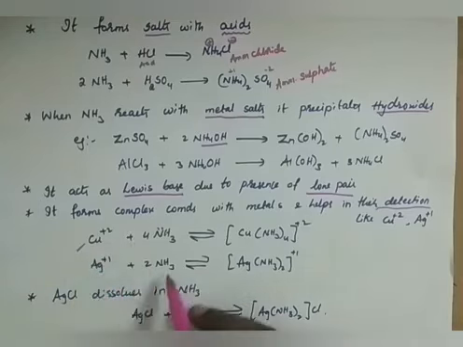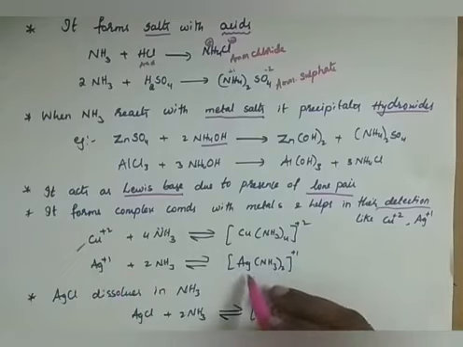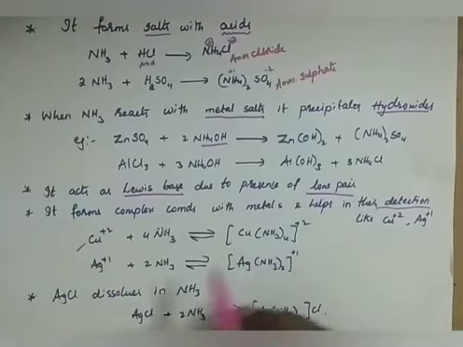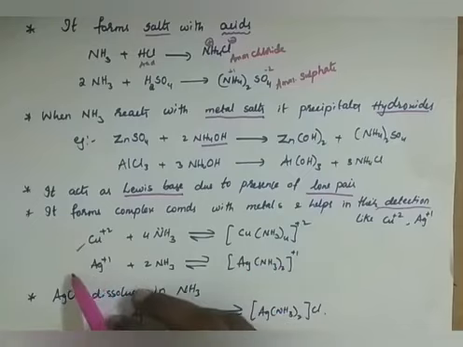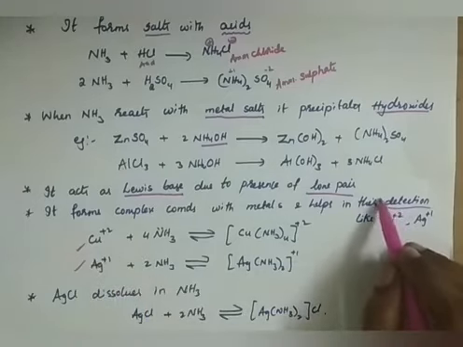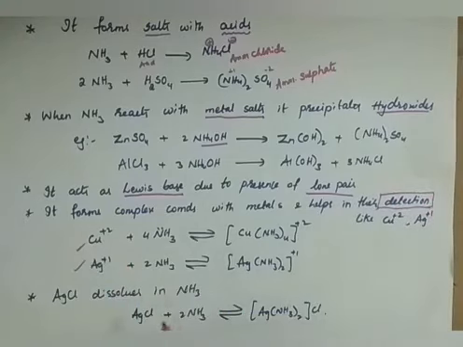Similarly, when ammonia reacts with silver, it forms diammine silver 1. If this complex is formed, we can confirm that silver is there, silver chloride, AgCl, Ag plus Cl minus. Even in our laboratory, we do detection of salts. So silver chloride dissolves in ammonia.